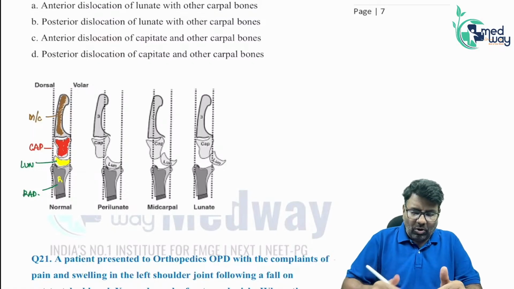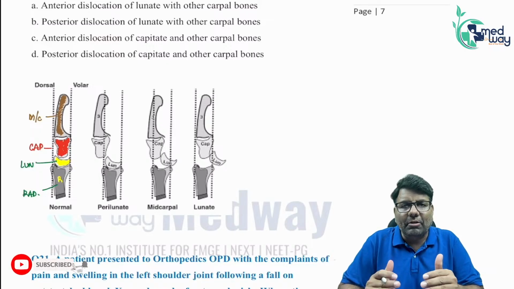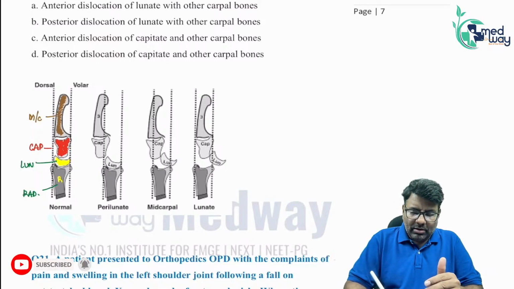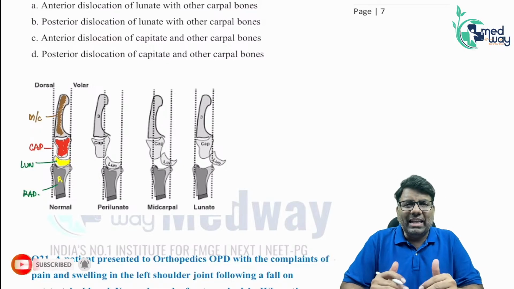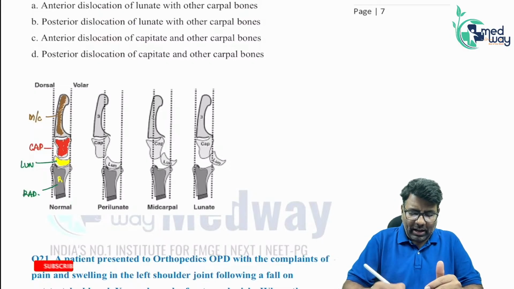Now, normally, all of them are in alignment. When we use the word perilunate, peri means surrounding. So here, what happens?